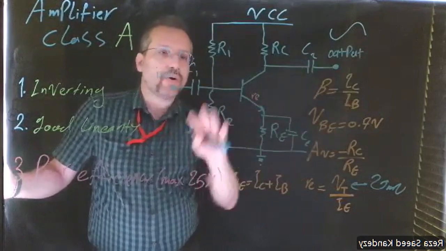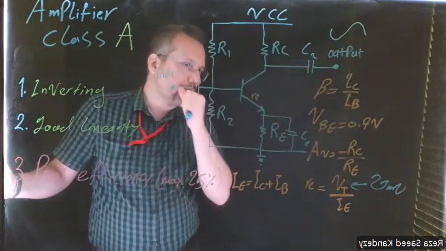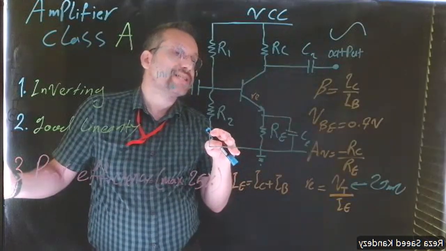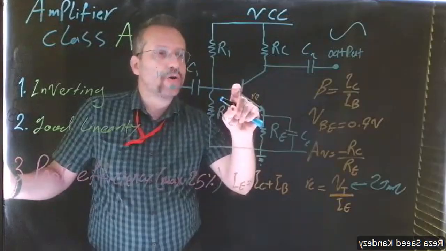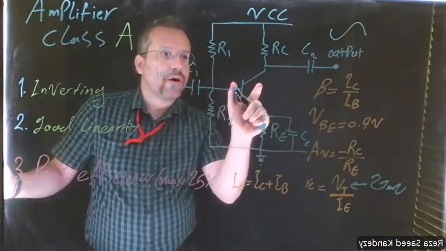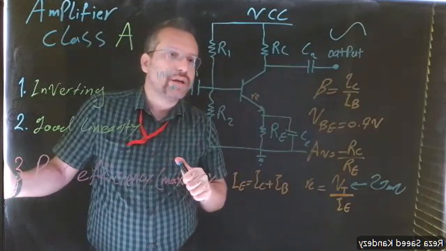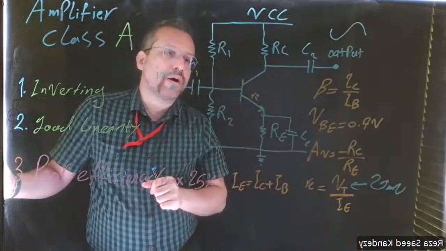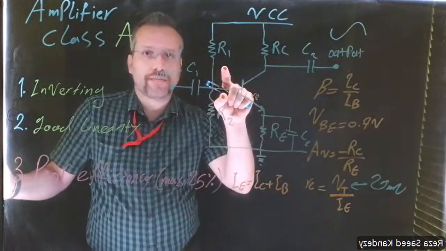Now, this is the whole idea of the design of a Class A amplifier. This R1 and R2, we already talked about, are needed to bias our BJT. One method we could use for biasing is a voltage divider.